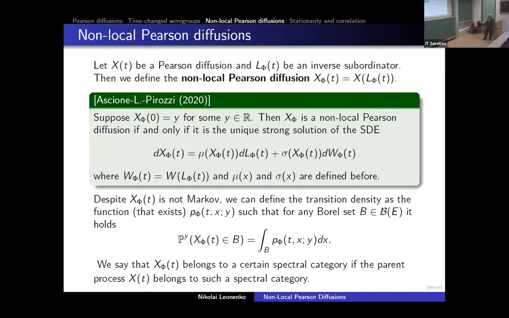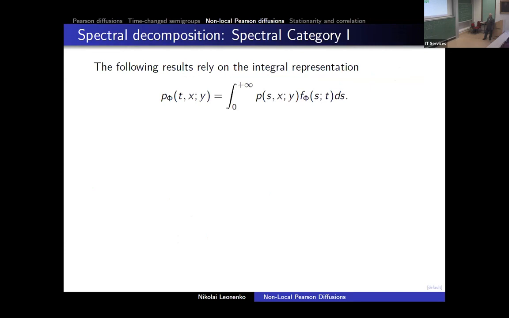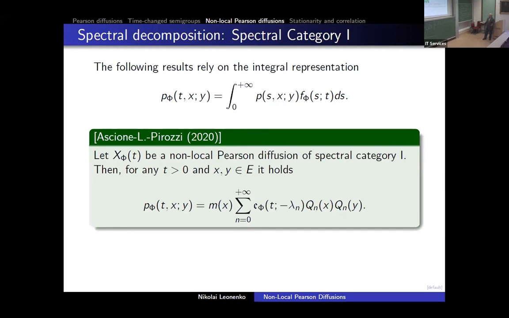And again, we can write this using conditioning. We can write the distribution of this process simply by conditioning. That could be the density of an inverse Gaussian, or an inverse alpha-stable subordinator, but in general something more general. And again, in the case of non-local Pearson diffusion of spectral category 1, when we have such a spectrum, what we call transition density for the non-Markovian case can be written in this form, and you can recognize the same form as we already used.